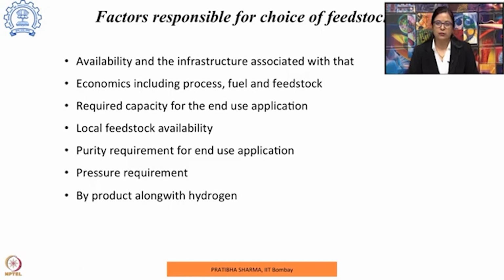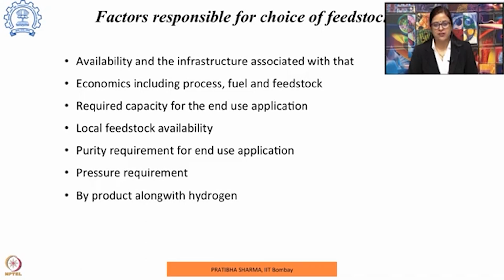If the end use application demands a very small capacity of hydrogen, in that case steam methane reforming may not be the preferred choice, rather we can go for electrolysis. However, if the demand is on an industrial scale, millions of tons of hydrogen, then economies of scale work very well with the steam reforming process.